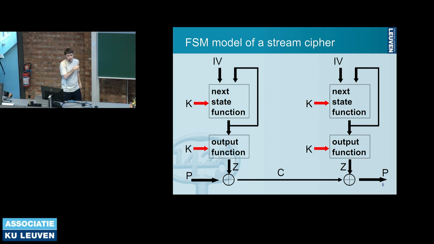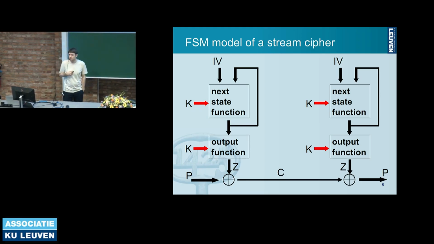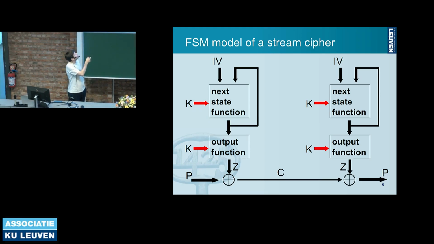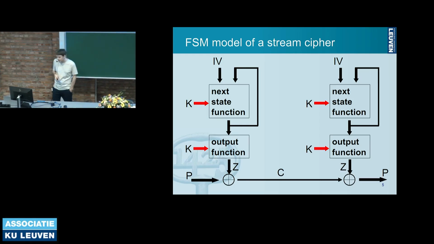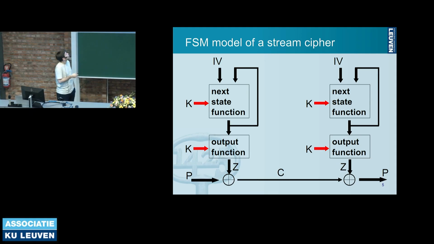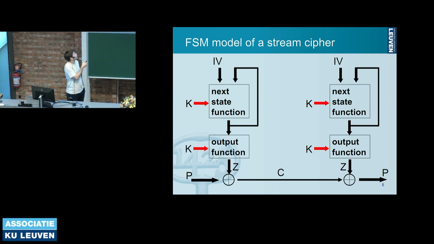Here's a finite state machine that shows how such a stream cipher works. You start with an initial state. I will come back to this later, it's quite important. This will depend on a certain constant, which is not actually a constant, but is called an initial value, and on the key.